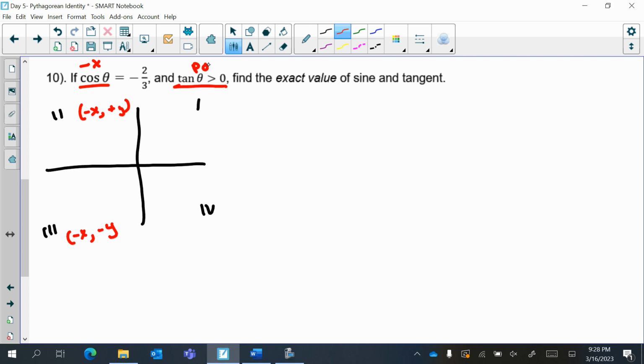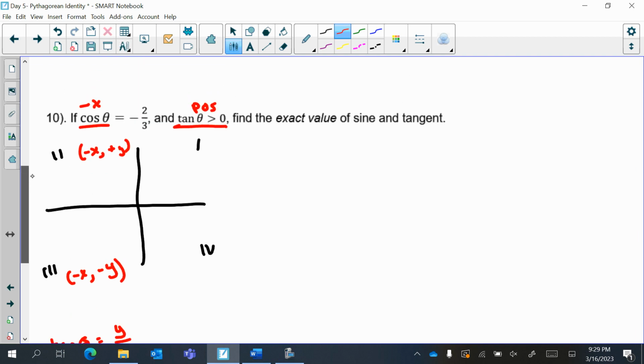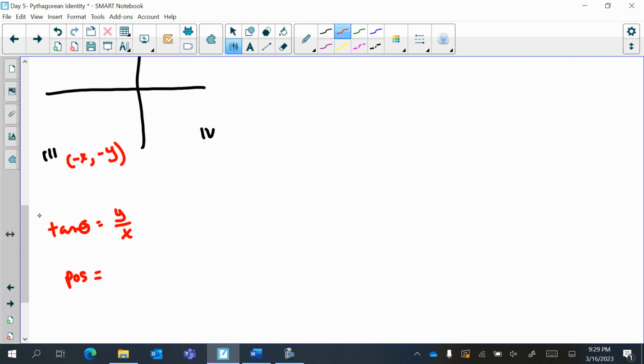That means tangent is positive. So tangent is y over x, right? But we know that tangent is positive. I also know that my x is negative because they said cosine is negative 2/3.